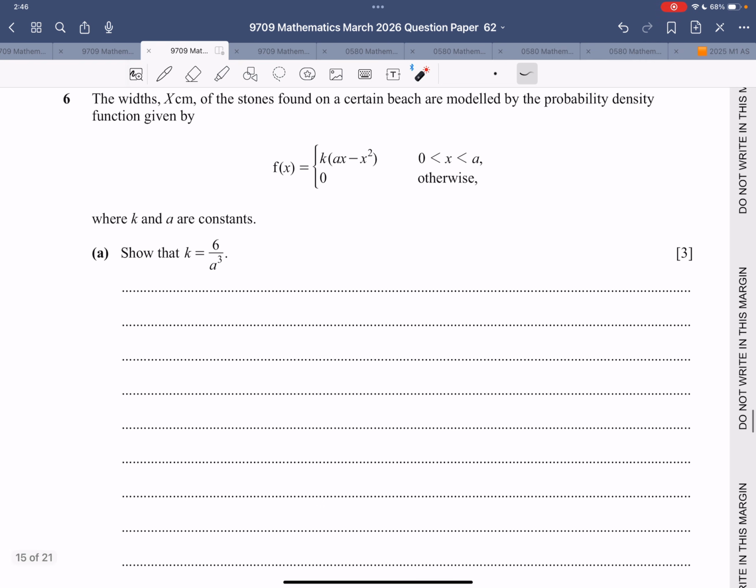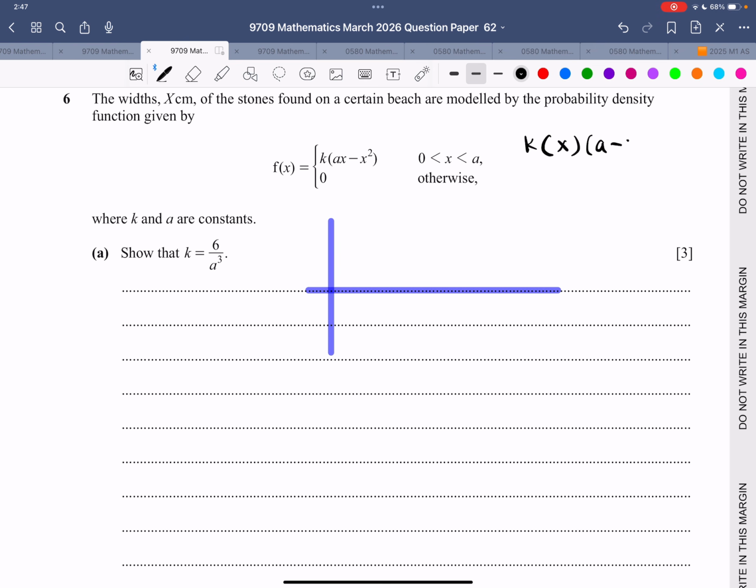Now let me do one thing, if I draw a curve over here, without even evaluating k, this is k, x common and a minus x. So we know that this is a quadratic, and the coefficient of x square is negative.